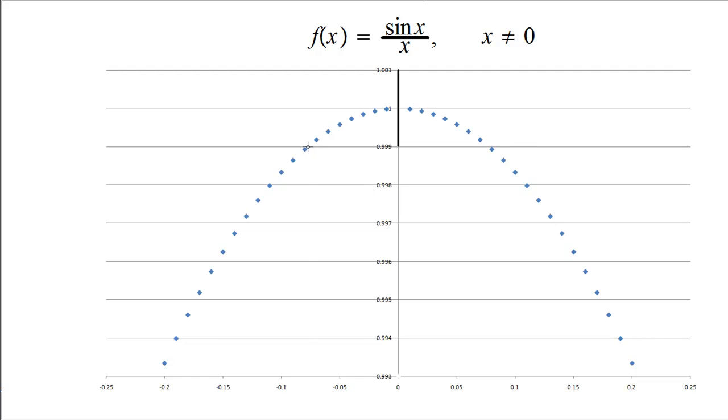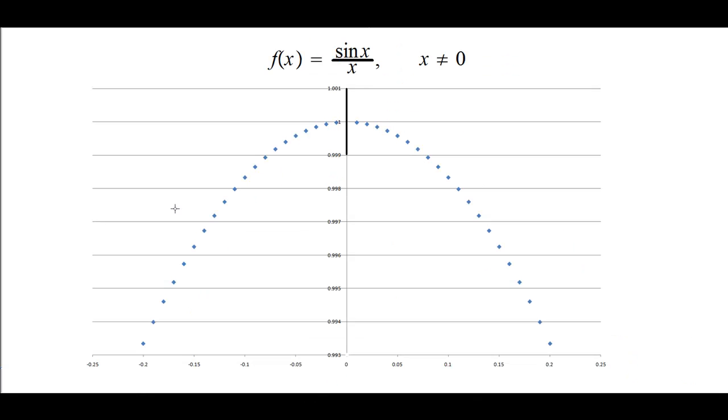We can accomplish that by keeping the x values within this range. If we kept our x values to the right of this point and to the left of this point, and did not let it land at 0, then the function values will be no farther than 0.001 from the value 1.